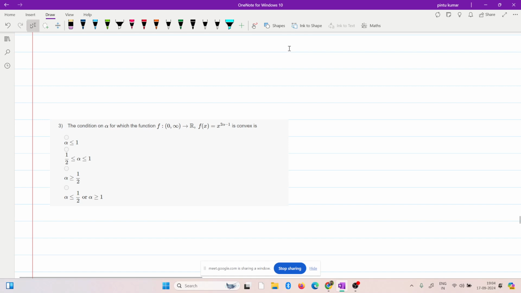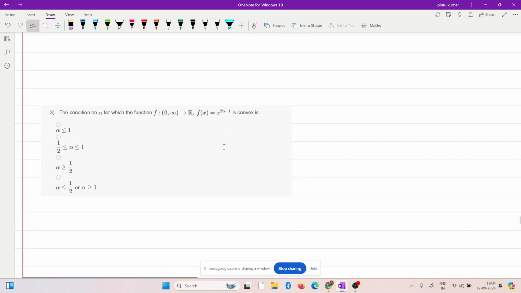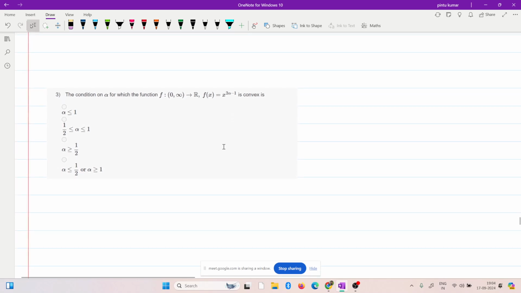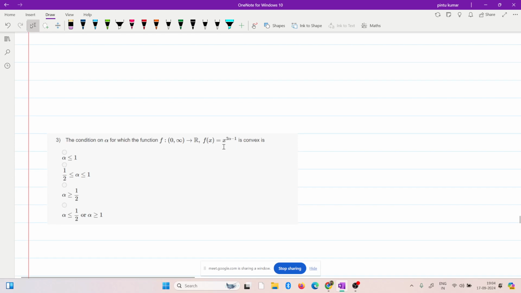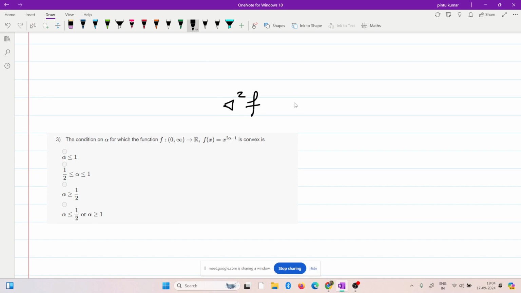Okay, so this is another question. What is the condition on alpha for which this function is convex? Again, what is the condition for convex? The condition for convex is that your Hessian matrix is positive semi-definite.